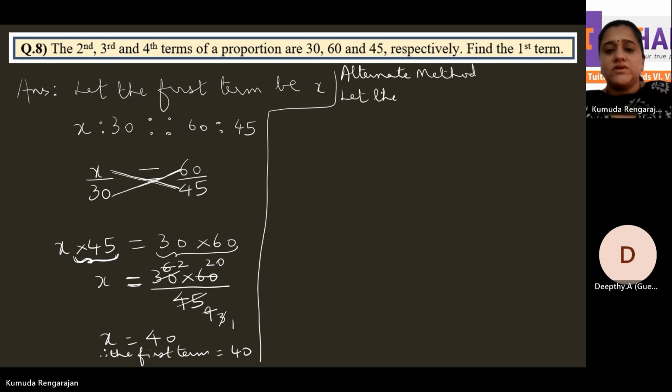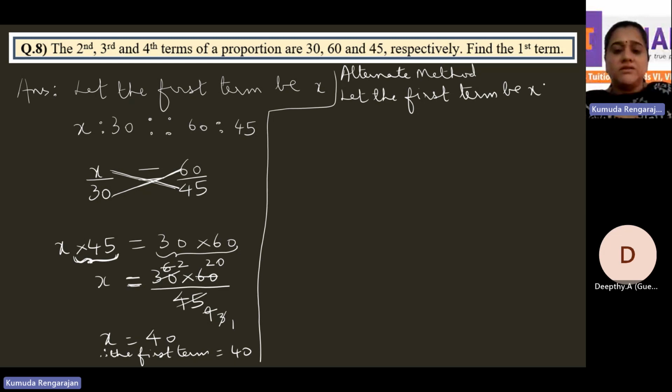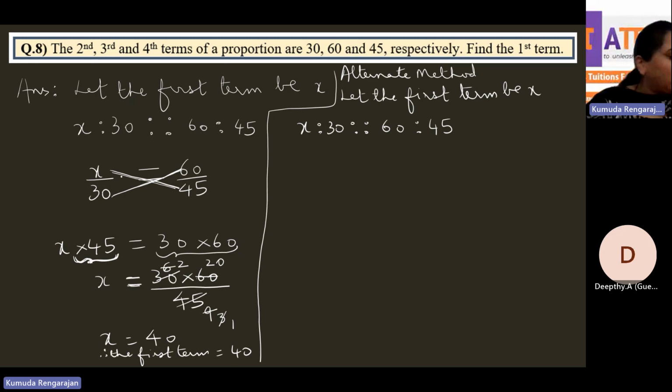Let the first term be x. And then the step is also the same. X is to 30 as 60 is to 45. Now, what do you know in a proportion? Product of means is equal to product of extremes. So you'll just not get one step from here. That's all. Okay. So x is to 30 as 60 is to 45.